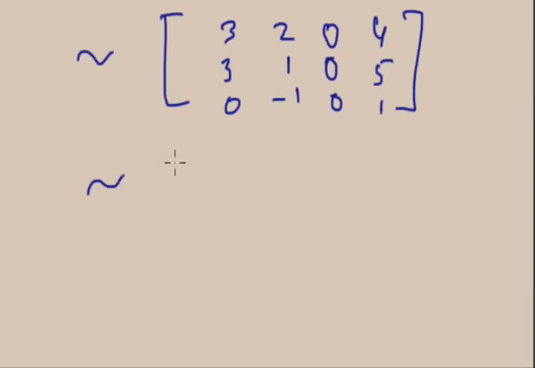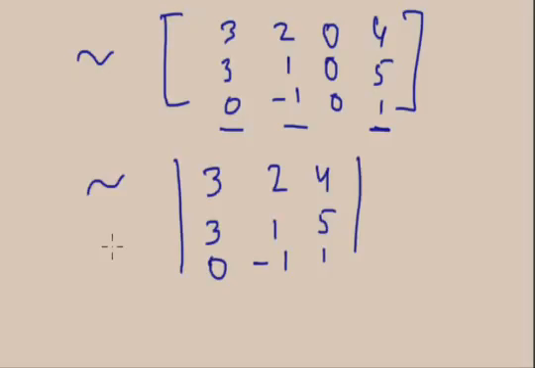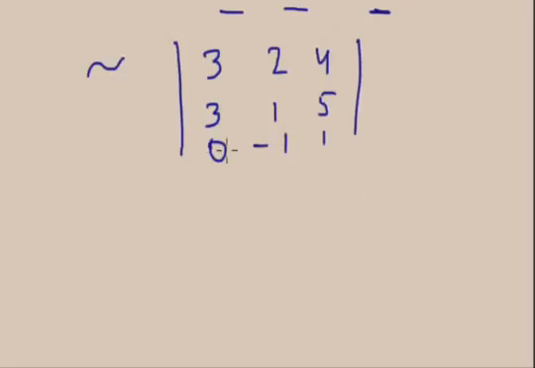So now you are required to find out the rank of the 3 by 3 matrix from this. So I am taking this and this: [3 3 0; 2 1 -1; 4 5 1]. I am finding out the determinant of this.